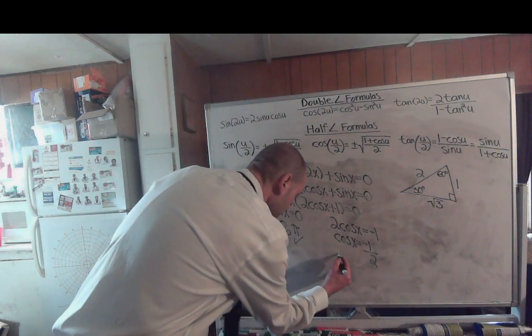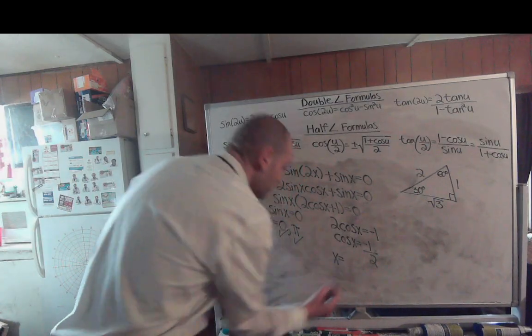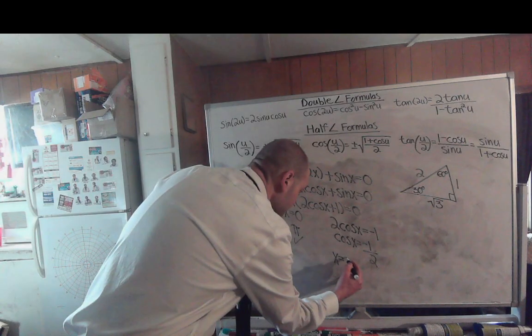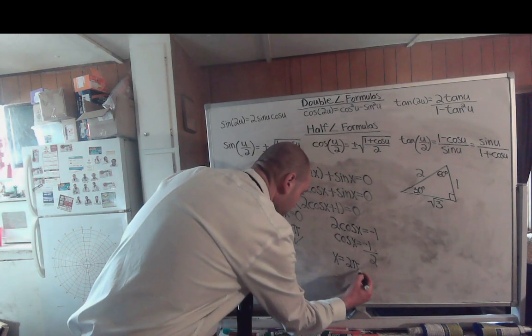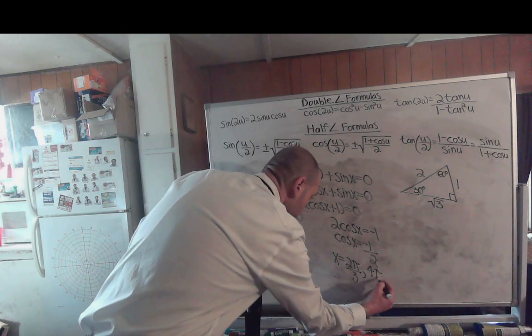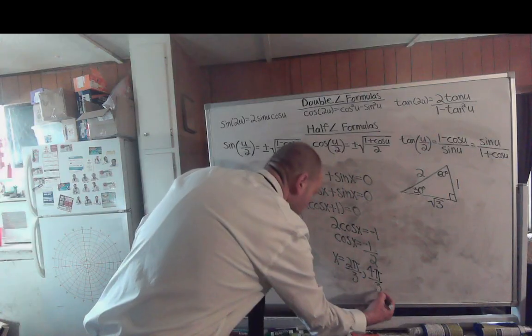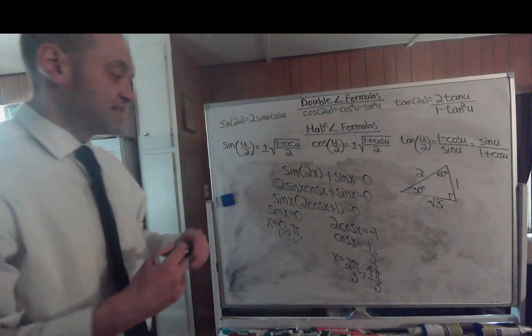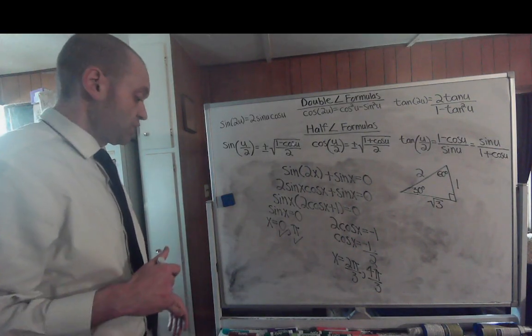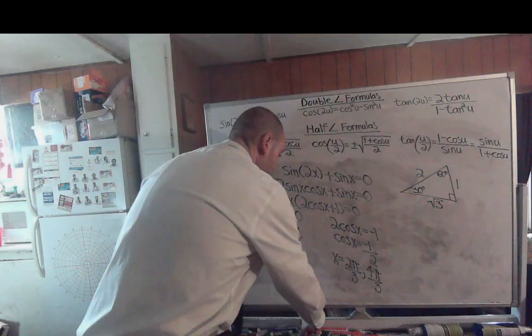So x would equal 2 pi over 3 and 4 pi over 3 for those solutions. But we do have to test these two for an extraneous solution. So this is where it's going to get fun.